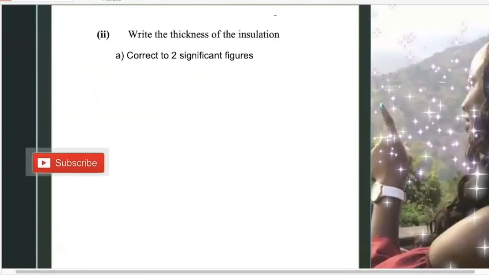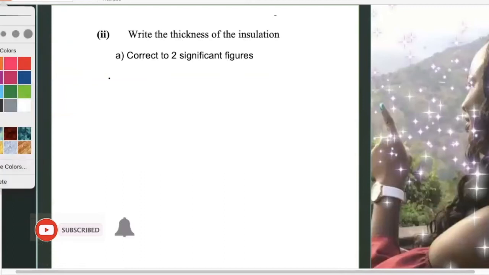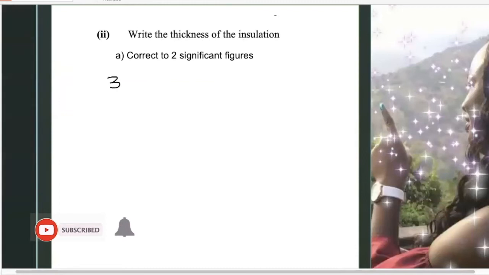Now, the next question is asking us to write the thickness of the insulation correct to 2 significant figures. Now, remember we found out that the thickness is 363.75 millimeters.